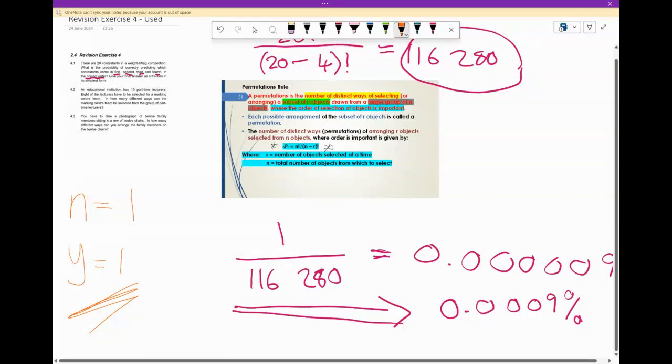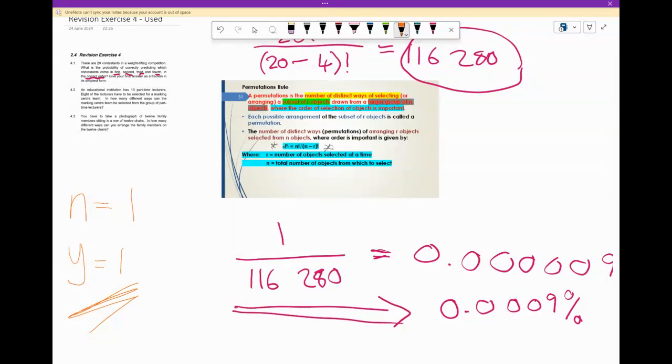So again, I need to know where we are applying this. Are we applying it to the question we are dealing with right now, or to regression? Chances are that's not on your memo, so I would not advise you to use this. It's better to leave it as 1 divided by 116 and then 280.